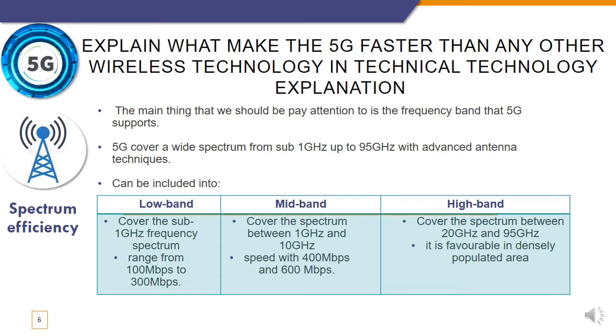This type sits in the middle in terms of range and speed, with 400 megabit per second to 600 megabit per second. The high band covers the spectrum between 20 GHz and 95 GHz. This type has the lowest range but can reach the highest speed, a theoretical maximum of 10 gigabit per second.